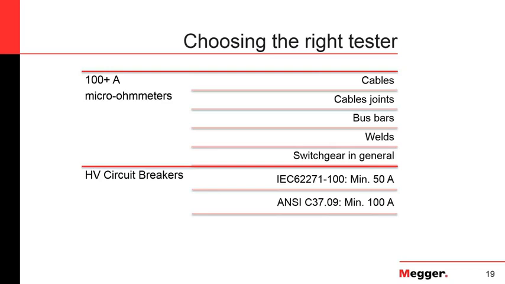Among their applications, we have contact resistance in circuit breakers, and to take these measurements, we have to use a minimum of 50 amps according to IEEE 62271-100, and a minimum of 100 amps according to ANSI C37.09. Again, those current values are the minimum values, and we can go up to the rated current of the circuit breaker.